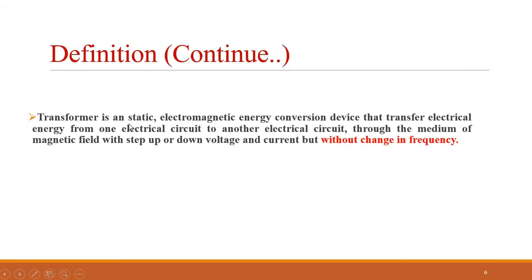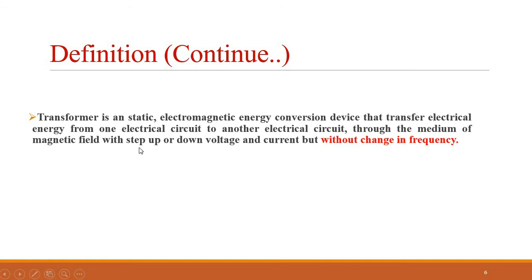So a transformer is a static device, an electromagnetic energy conversion device, that transfers electrical energy from one electrical circuit to another through the medium of a magnetic field, with step up or step down of voltage or current, but without change in the frequency.